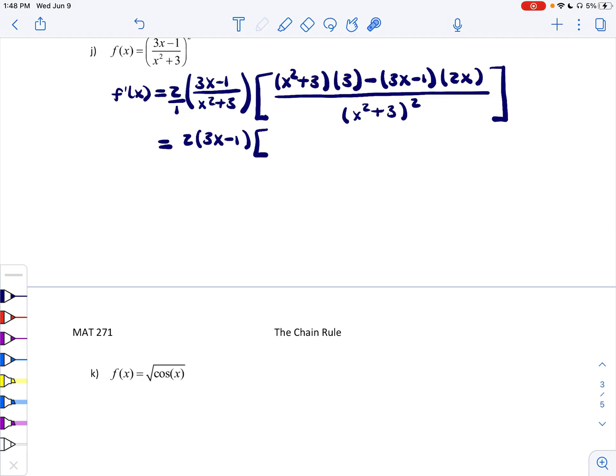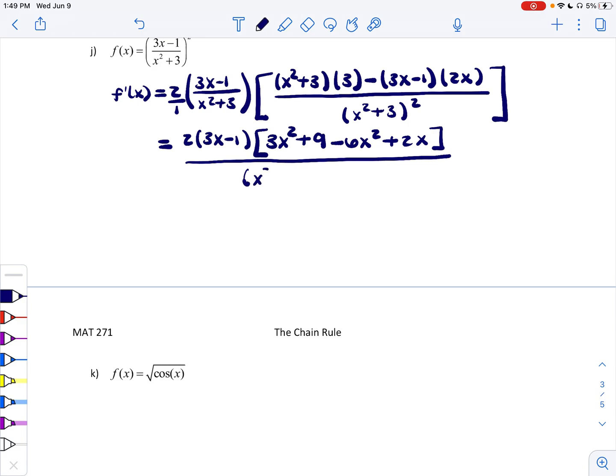So I'll distribute my 3 in, which should give us a 3x squared plus 9, and then distribute the 2x in, so that'd be a minus 6x squared plus 2x, and then that's all over. In the denominator, we have the 1, we have an x squared plus 3, and then we have this x squared plus 3 quantity squared.